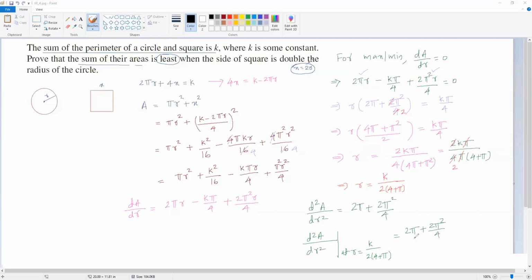It's a positive number क्योंकि 2 is positive, pi is positive, so it is greater than 0. So the second derivative greater than 0, मतलब that means area is minimum at r is equal to k divided by 2 into 4 plus pi.